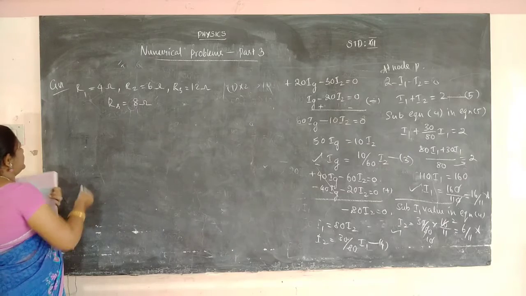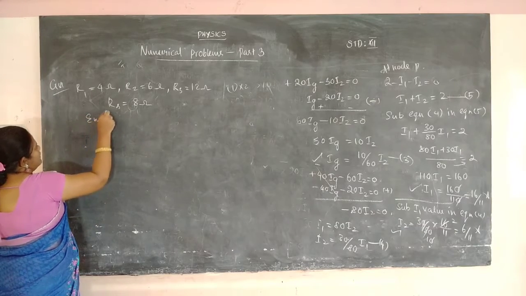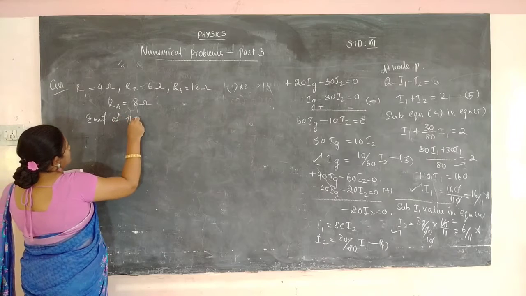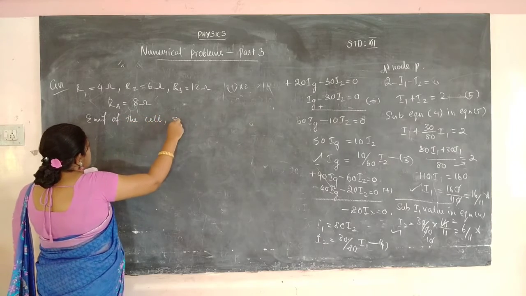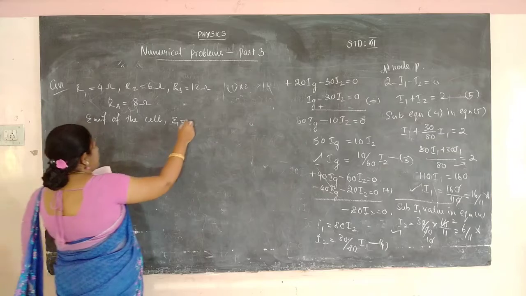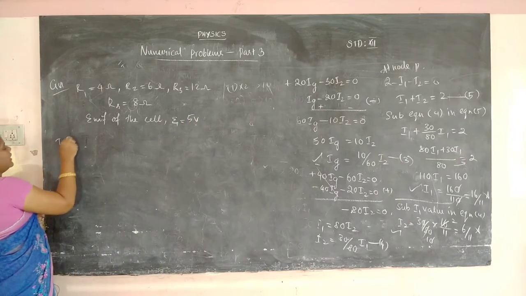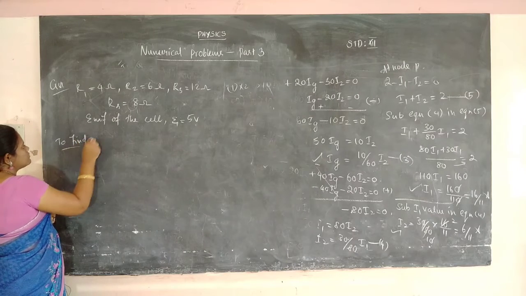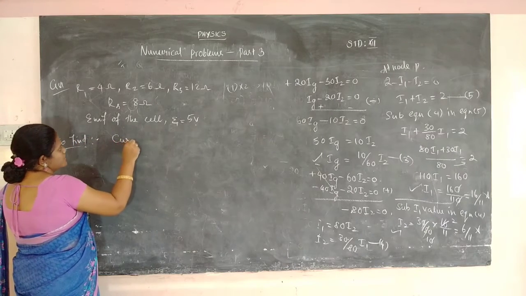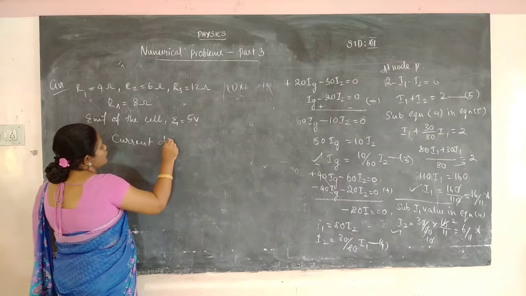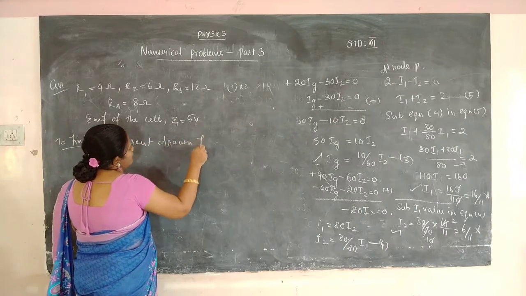Okay. So these are the given values, and then the EMF of the cell, or voltage of the cell, is equal to 5 volt. This is the given value. So what will we find out? To find the current drawn from the cell. What is the value of current drawn from the cell?